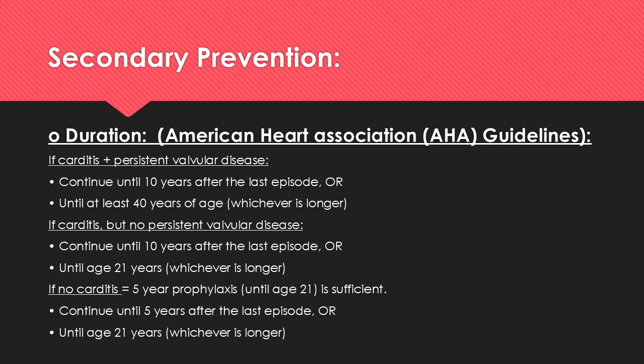If carditis is there but there is no persistent valvular disease, then continue until 10 years after the last episode, or until the age of 21 years, whichever is longer. If there is no carditis, then 5-year prophylaxis until the age of 21 years is sufficient. Continue until 5 years after the last episode, or until the age of 21 years, whichever is longer.